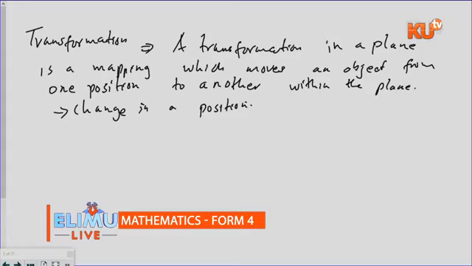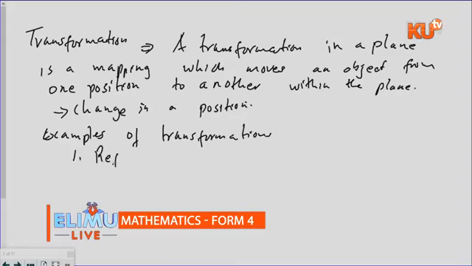And we have different transformations, as I've mentioned, and these transformations include, for those who have forgotten their Form 2 work, number 1, we have what we call reflection, and then number 2, we'll discuss rotation.